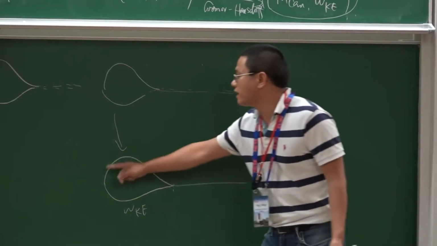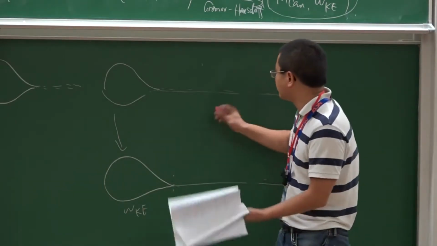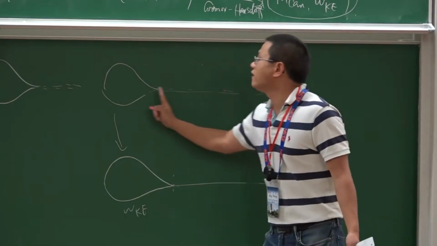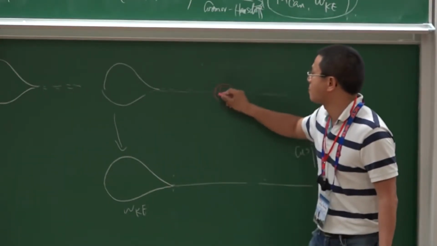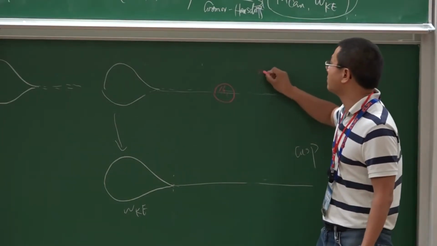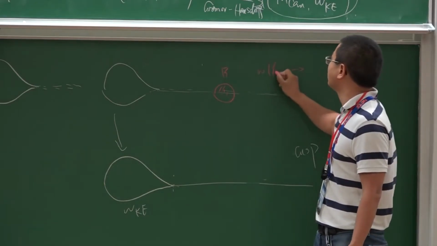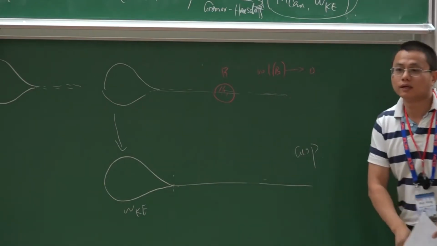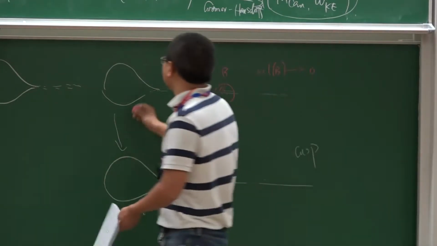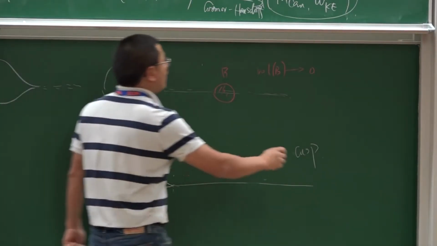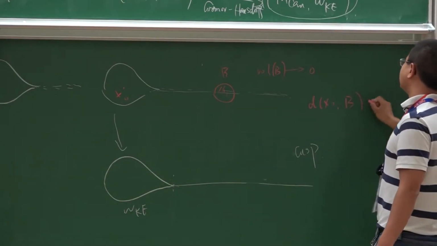So suppose you have a diameter going to infinity along the flow. I can choose a point very far away from the regular part. Then I choose a geodesic ball. Let's say this is B. The volume of B will converge to 0, right? Now I choose a base point x0 here. I can say that the distance from x0 to B is about 2L.